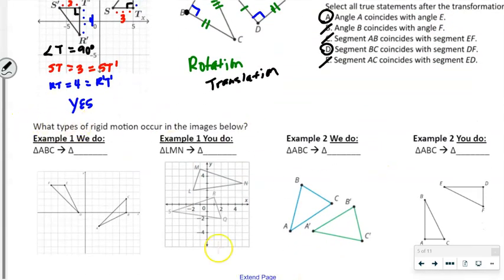All right, so what types of rigid motion occur in the images below? So first it asks us, triangle ABC, what's it going to relate to? Okay, so A is down here, and then B, and then C. So I do notice that this is too tall, and this one right here is too wide, right? You guys see that? Okay, so I'm quite sure that those sides go together, but do you notice the smallest angle in here?